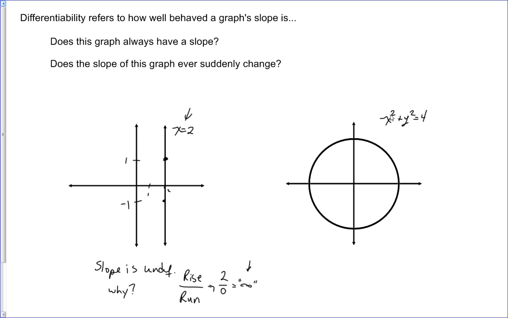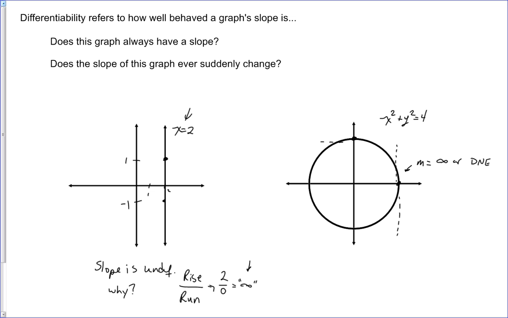Alright, now let's look at x squared plus y squared equals 4. It's the equation of a circle with a radius of 2. What's the slope of the line right here? Well, if you draw your tangent line, it's a vertical line, and the slope at that point is either infinity, like our x equals 2 line, or does not exist. What about up here, at this point?